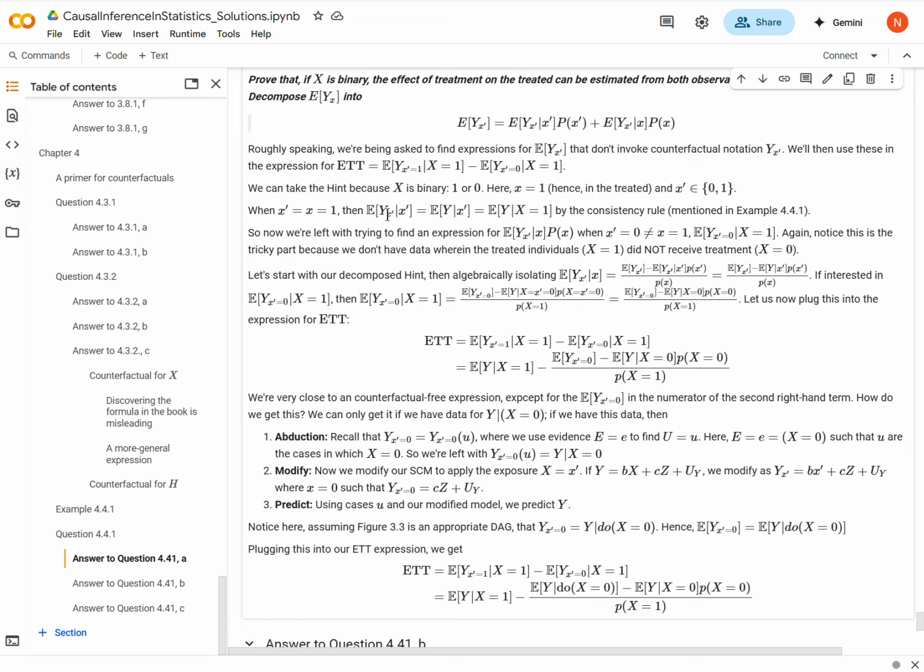In other words, the counterfactual value is the same as the observed value for the predictor variable X. And again, this is just the consistency rule that's mentioned in the example and given in the chapter. So in other words, we already have this first term here, where the counterfactual value of X is equal to the observed value.